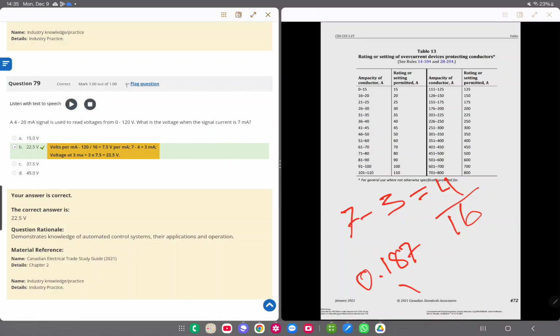I think we have to multiply that by 120.